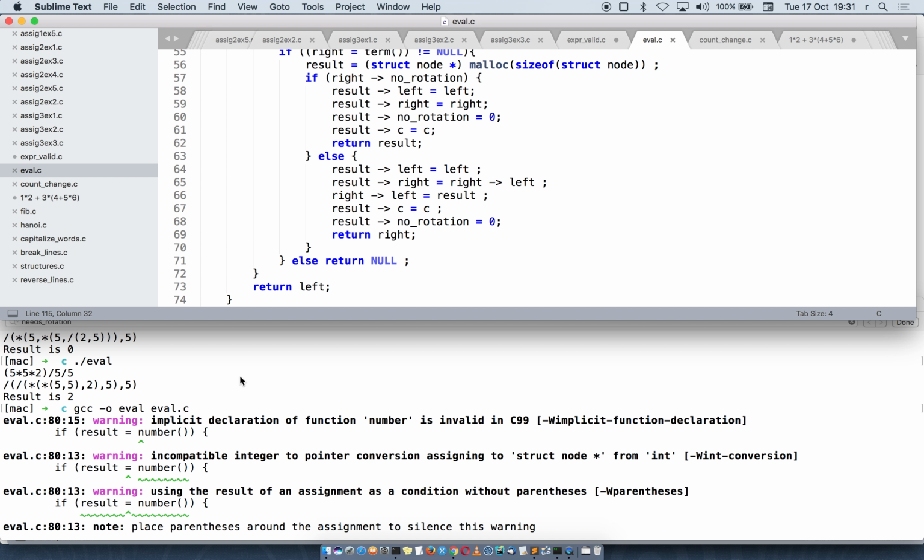Usually I try to spend a bit more time. Integer is not good either. All the good names are taken. So num parse. Okay, this one should work. Num parse and then num parse here.